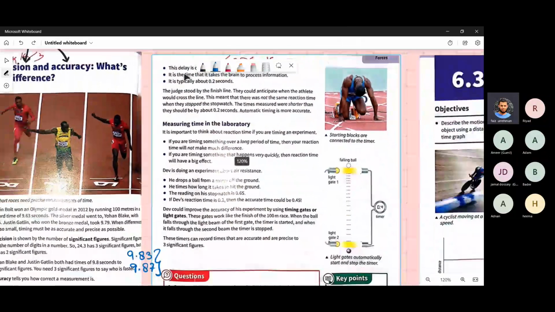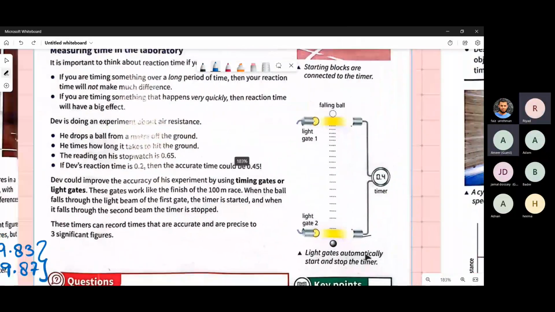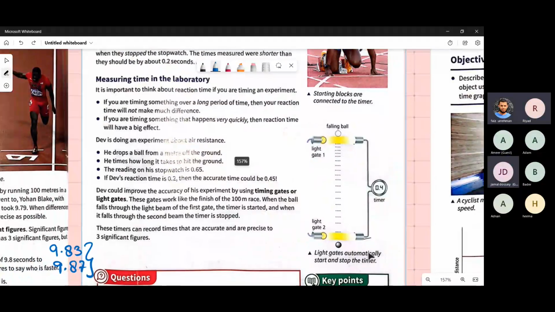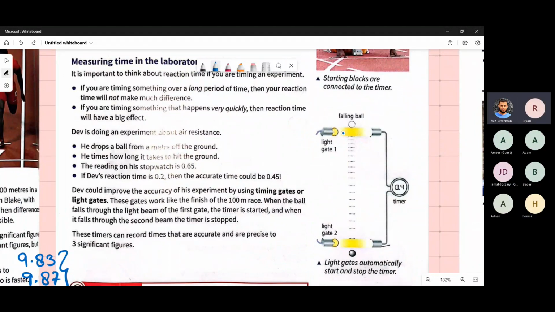So what happened? Now there is a system here. This is the one that I didn't understand, mister. Now there are two sensors. Sensor number 1 and this is sensor number 2. Sensor number 1 starts when the ball passes through it, and sensor number 2 stops when the ball passes through. Now listen silently.